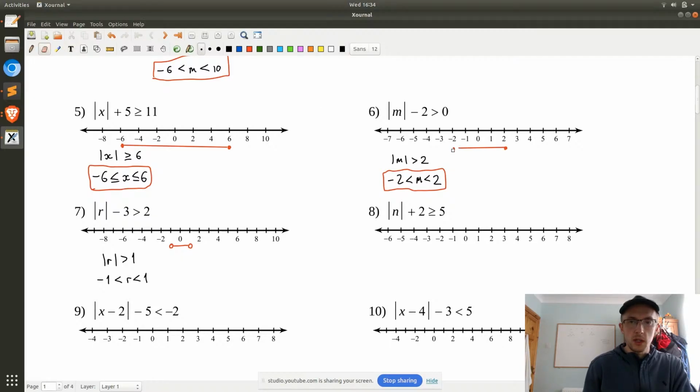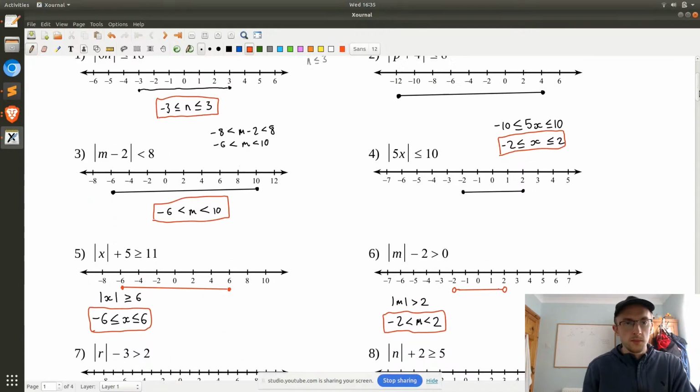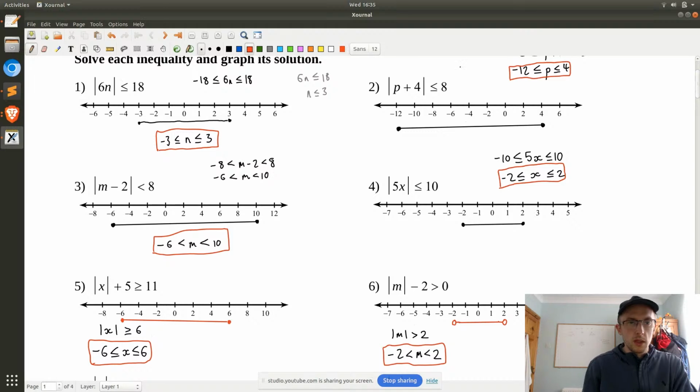It should be hollow, like that. Yes, this should be hollow as well. That's an error. You should always fix any errors.